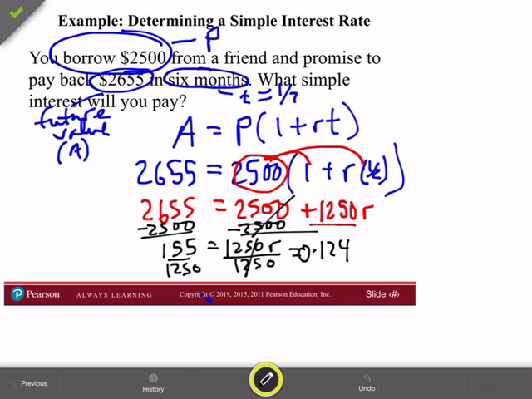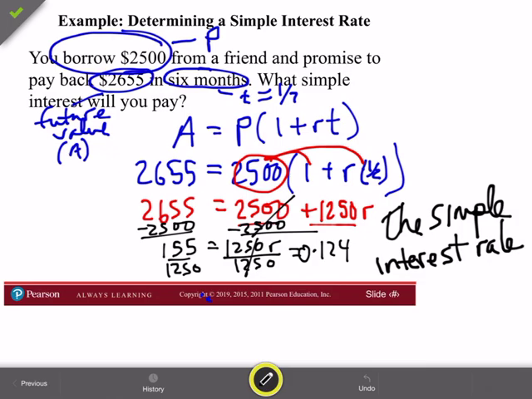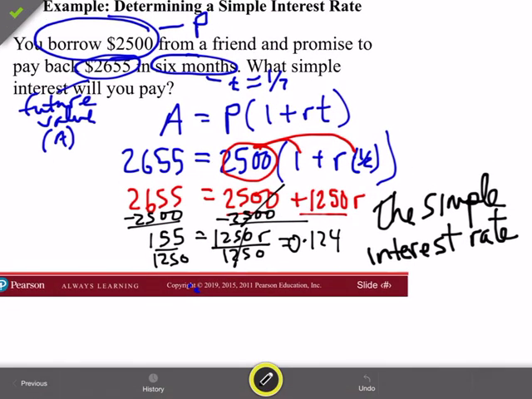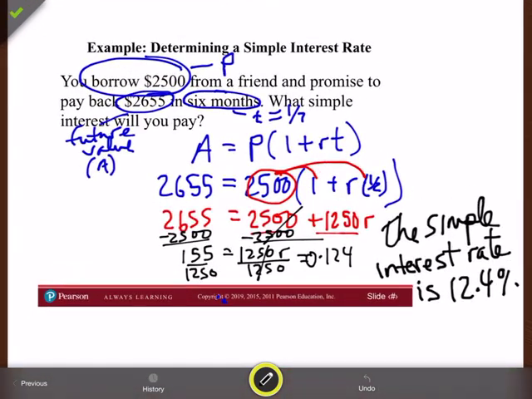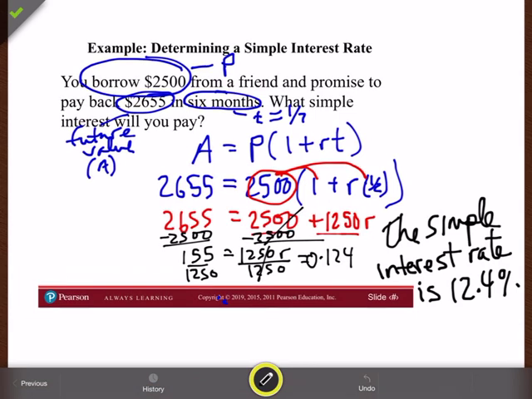So the simple interest rate, I'm making it clear that I understand what I am answering and what value I have, is, move the decimal 2 times to the right, and I have 12.4%. It really doesn't get any more difficult than this example.